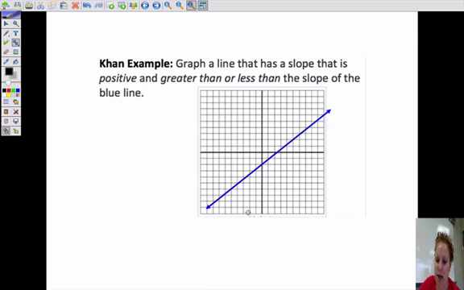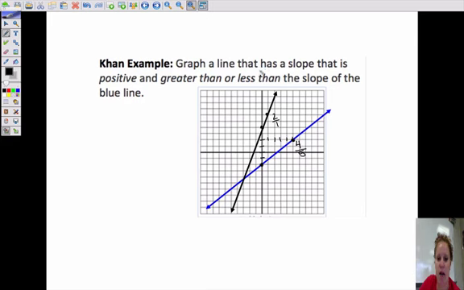Well, greater just means it has a higher number. So let's find some nice points here. There's a nice point, and there's a nice point. In that, we go up 1, 2, 3, 4, over 1, 2, 3, 4, 5. So the slope of the blue line is 4 over 5. So we need a slope that's greater. So let's just make a slope that's 2, right? Because if we go up 2 over 1, that's greater than 4/5. 4/5 isn't even 1, right?